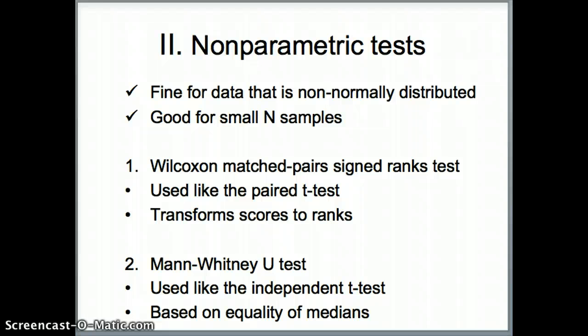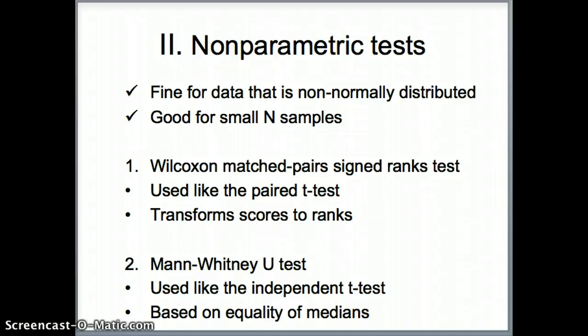There are non-parametric equivalents to both the paired t-test and the independent t-test that do not necessarily rely on a normal distribution, and they are good if you end up with particularly small numbers in any one of your groups. So the Wilcoxon matched pairs signed rank test is basically an equivalent of the paired t-test.